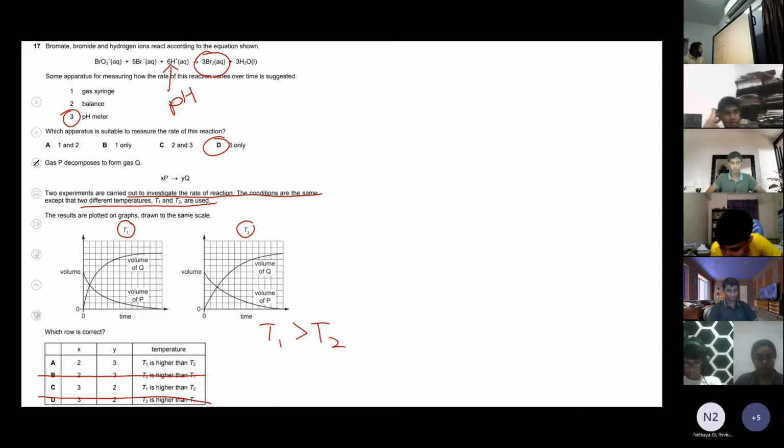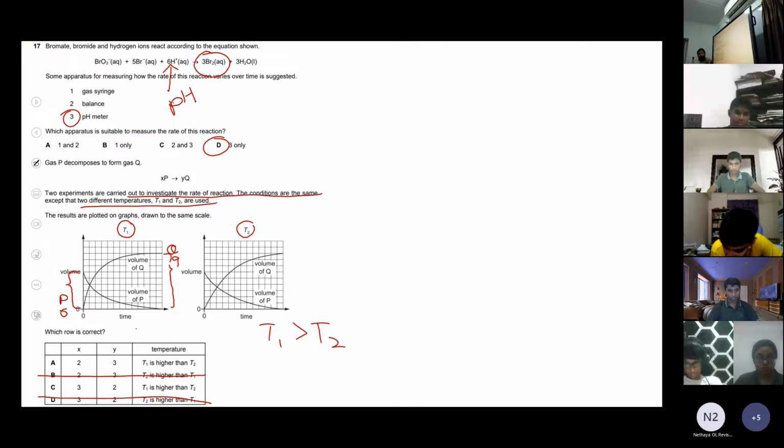When you look at this, this is your reactant amount. Here, how many squares are reactants? 6. Products, how many squares? 9.